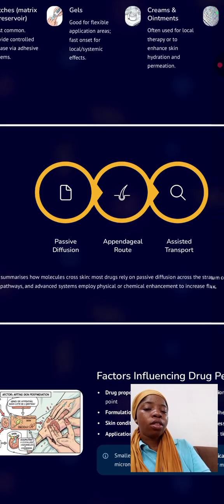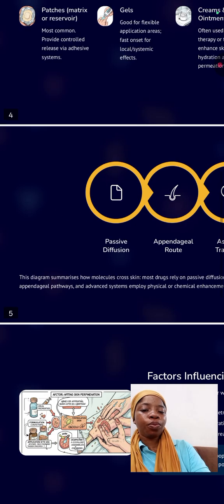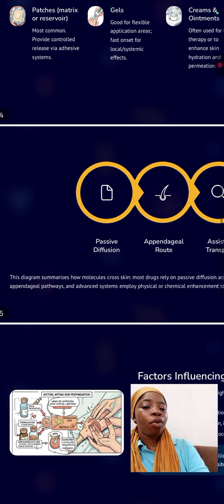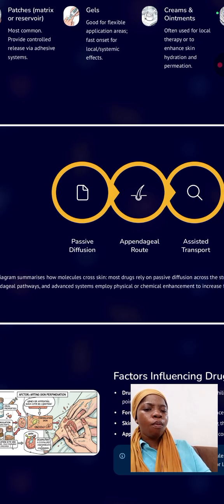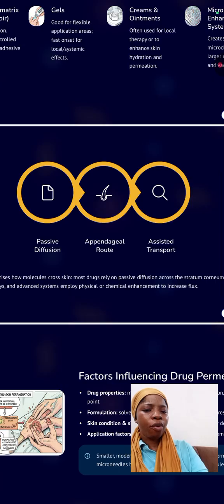Then we have here the passive diffusion, epithelial route, and systemic transport. This diagram summarizes how molecules cross the skin. Most drugs rely on passive diffusion across the skin.